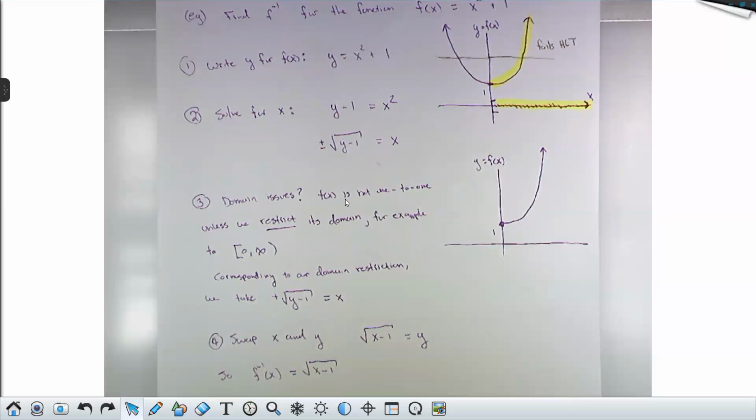Not necessarily. We can find the inverse of any function, but that inverse wouldn't be a function itself unless the original function is one-to-one. So if you have a non-one-to-one function and you want to look at its inverse, that inverse won't be a function unless you restrict the domain of the original function to make it one-to-one.